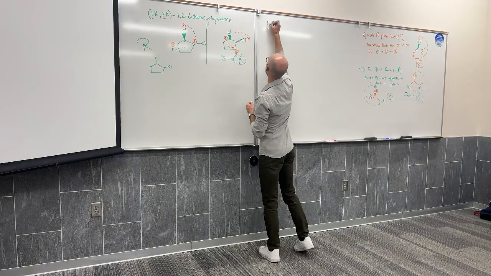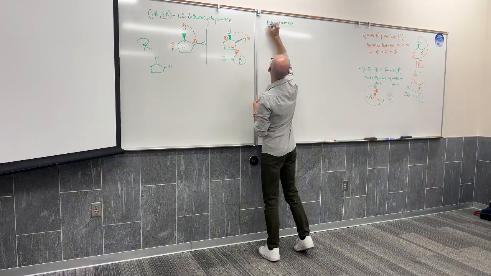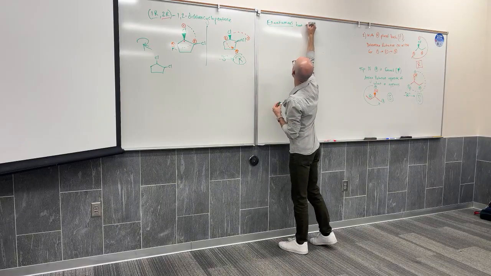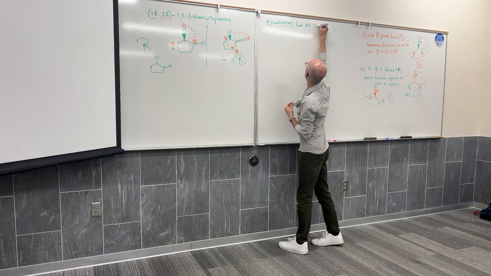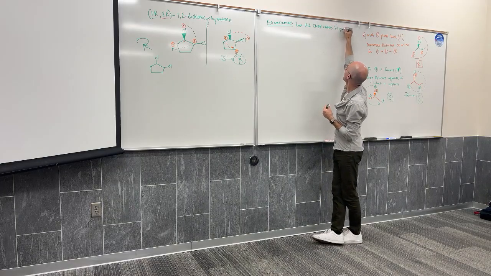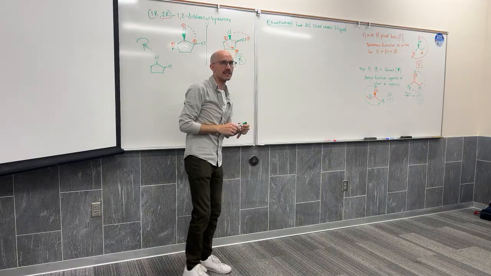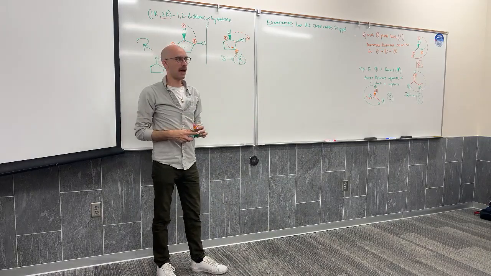Okay, I want to take this back to our discussion on relationships. We can easily spot enantiomers by noticing that all of the chiral centers have flipped.